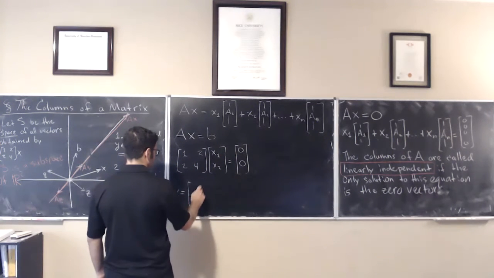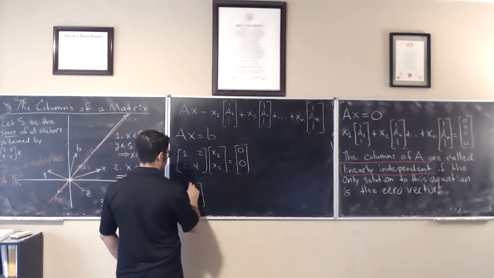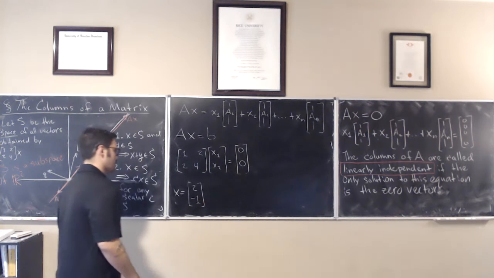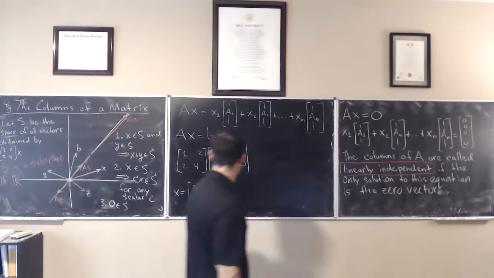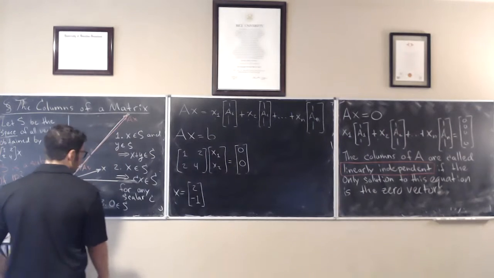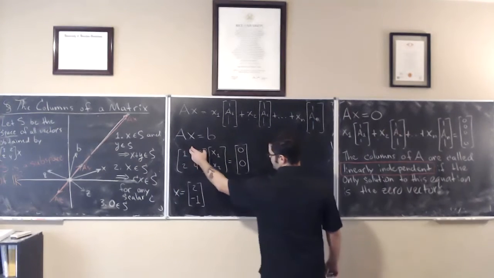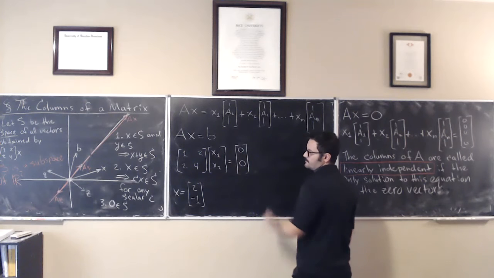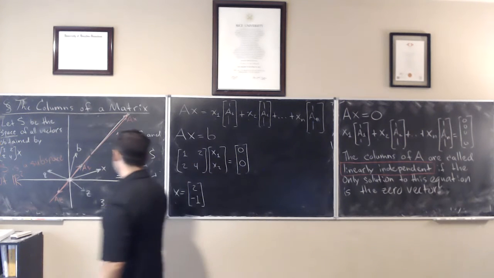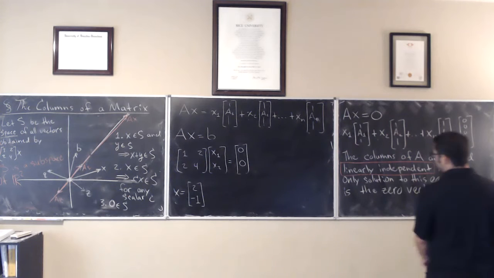What's the solution? It'd be 2, -1. That works, right? 2 times the first column minus the second column gives you 0, 0. So these are not linearly independent.